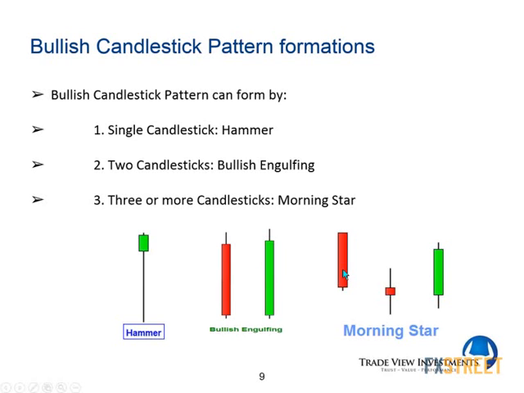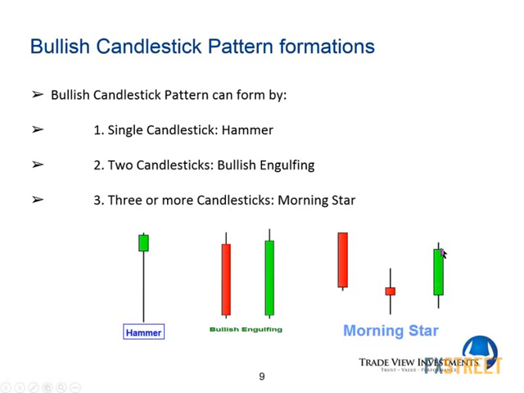Now the third one is a morning star. Probably you have noticed the last two candlesticks are engulfing, though it may not always be so in a morning star. In a morning star, not in FX but in commodities or stocks, you can see the second candle gaps down from the first candle, and the third candle gaps up from the second candle. So it looks like a morning star.